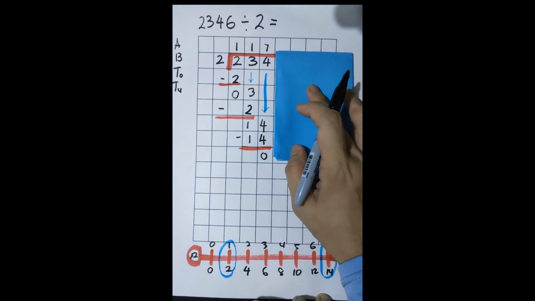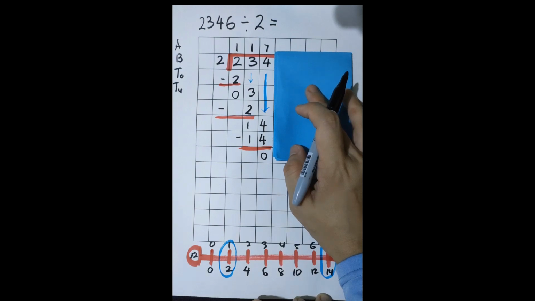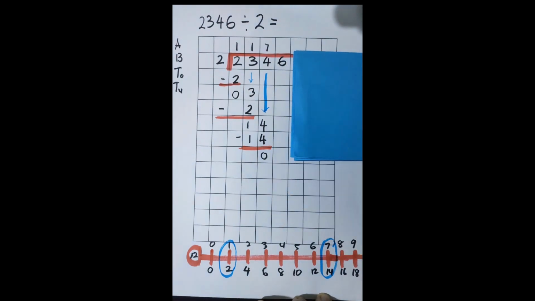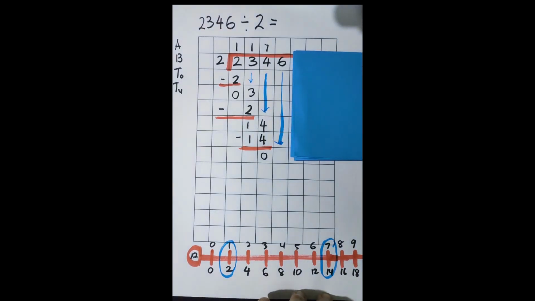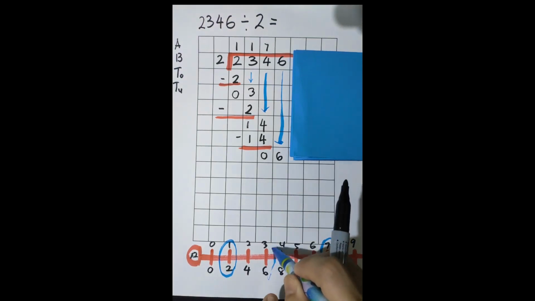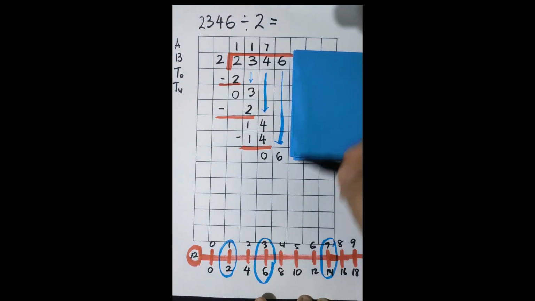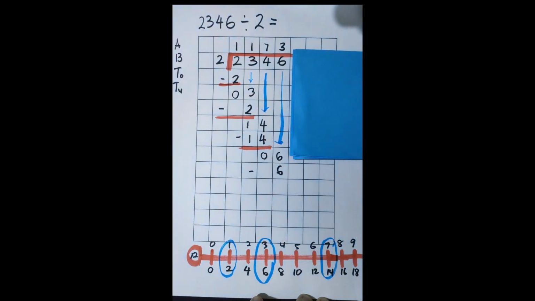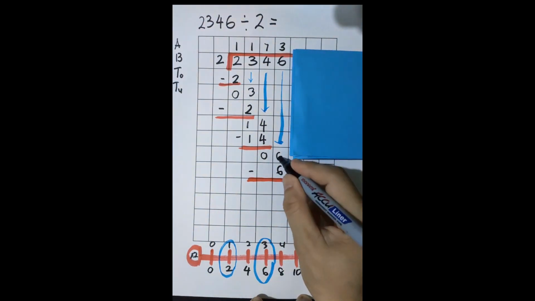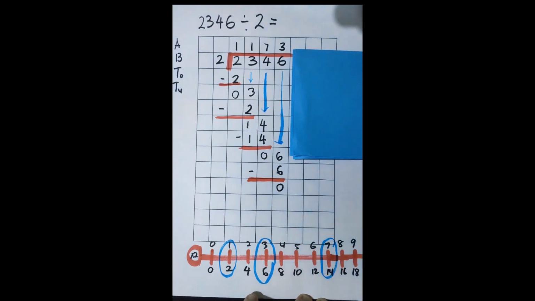So do you still have any number next to number 4? Yes, 4. So you bring it down here. 6. So now you find 6. Here is 6. So circle the answer. Atas is 3, bawah is 6. Minus, and the answer is 6 minus 6 is 0.